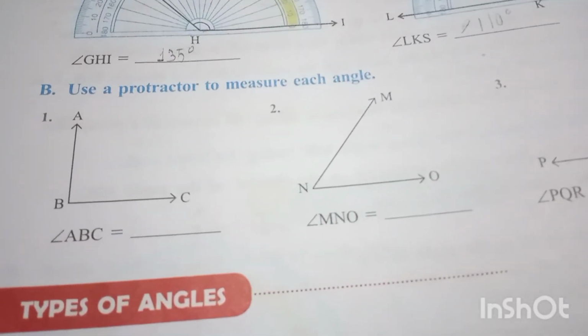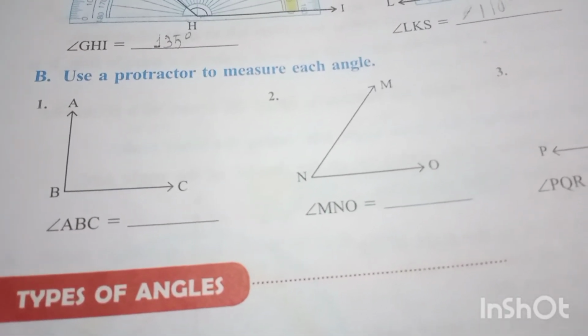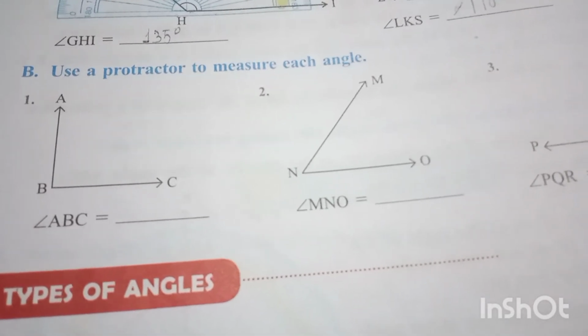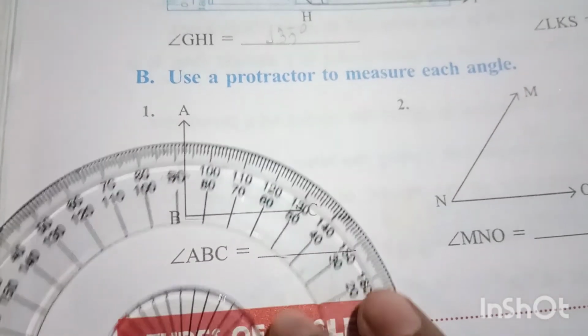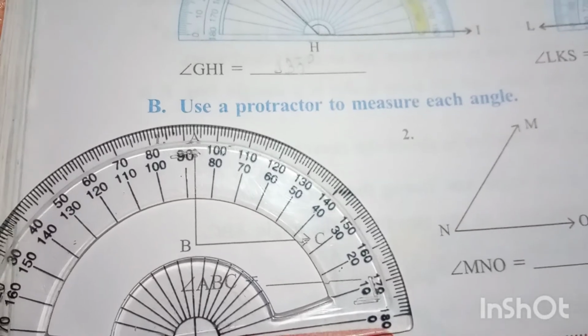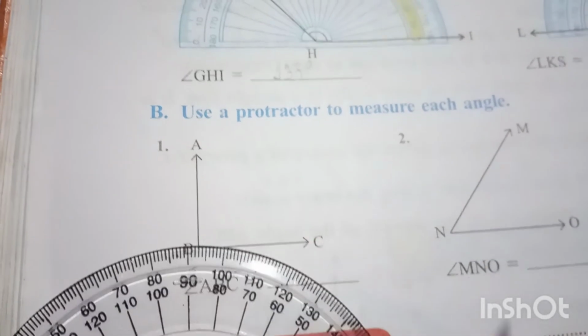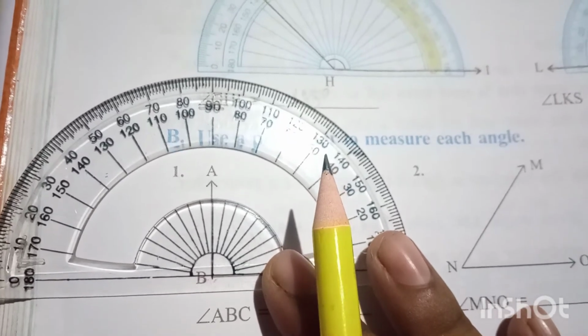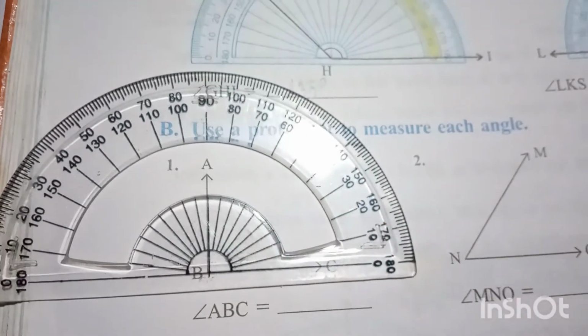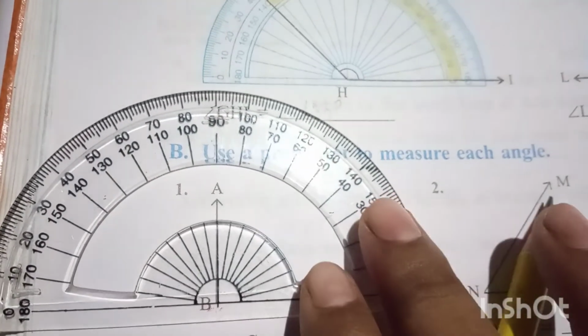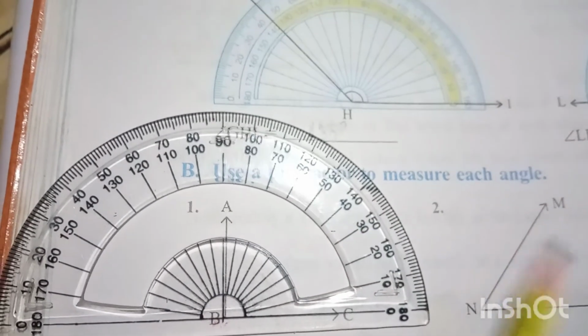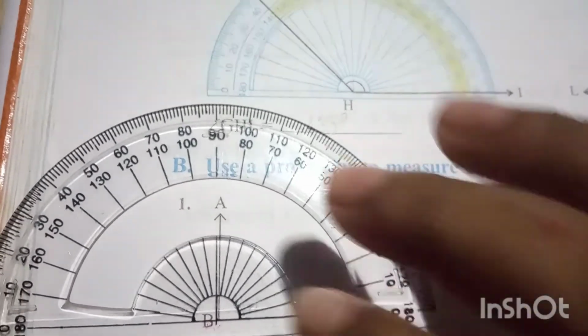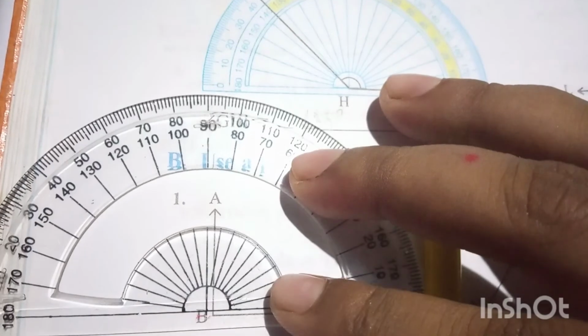Now let us do question number B. Use a protractor to measure its angle. So let us do this. Here I have taken one protractor. Look how I have placed my protractor. Can you see the line?